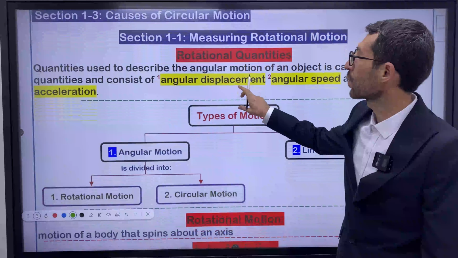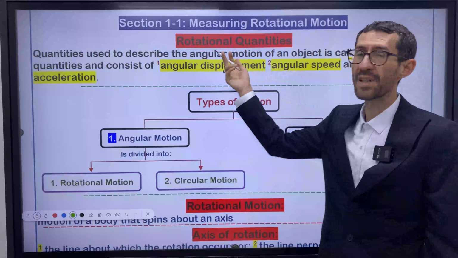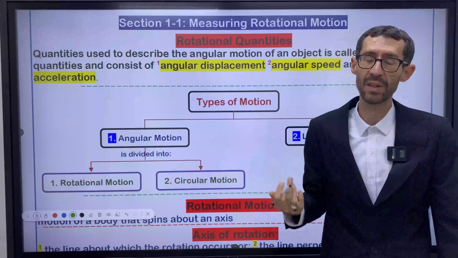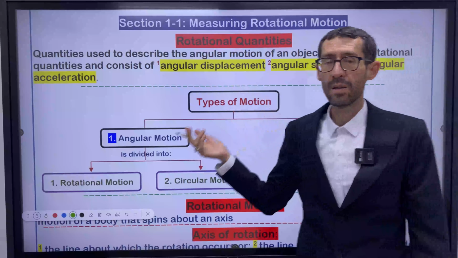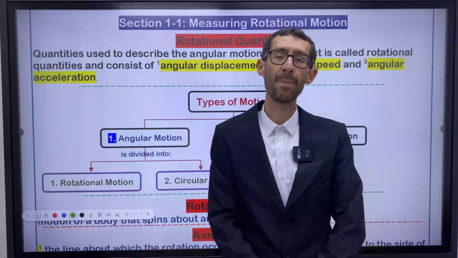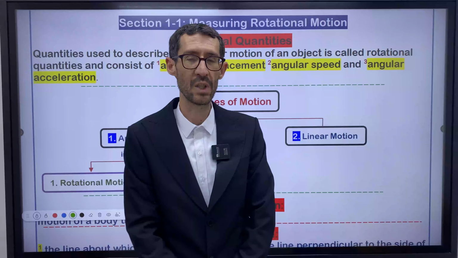Let's start with section 1.1, measuring rotational motion, and the first subject is rotational quantity. What is a rotational quantity actually? Before I explain this, I'm going to give you an introduction about motion in general.